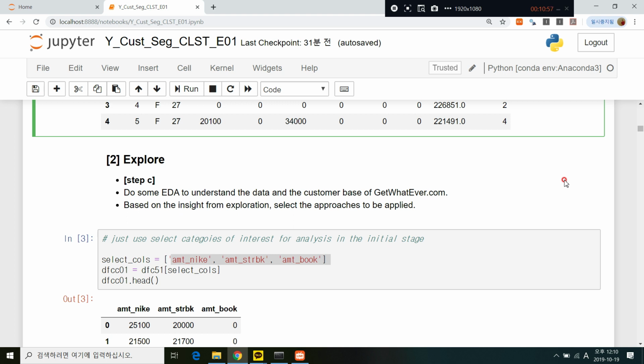Some insights from this exploration stage help us select the right approach to be applied for customer segmentation.